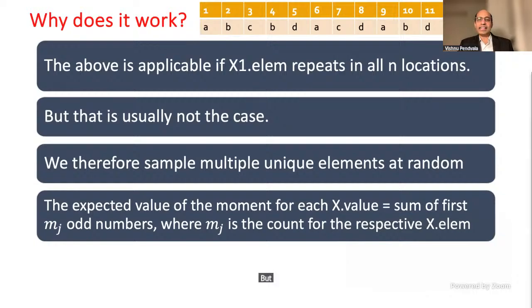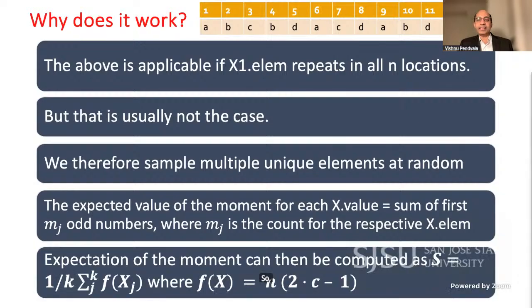But we rarely sample all unique elements because we don't have the storage. So to reduce the variance, we sample multiple unique elements. Each one contributes an independent estimate. Averaging these reduces noise and improves accuracy. So this is how randomness becomes reliability in large data analysis, right?